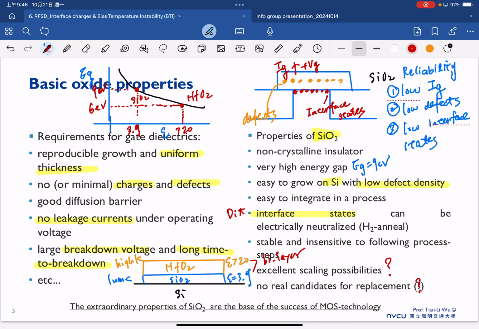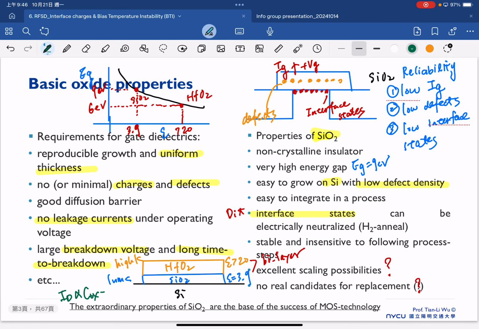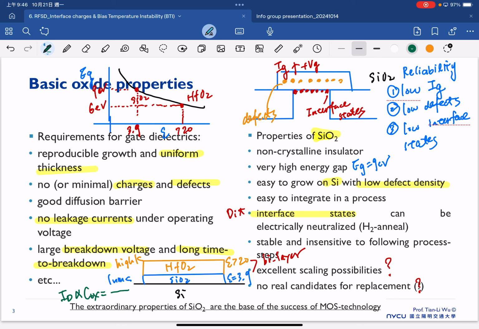And another reason that it is very promising to have a high-K material as a dielectric is that if we look at the current equation, the drain current is proportional to our oxide capacitance, which is equal to our dielectric constant over our thickness.